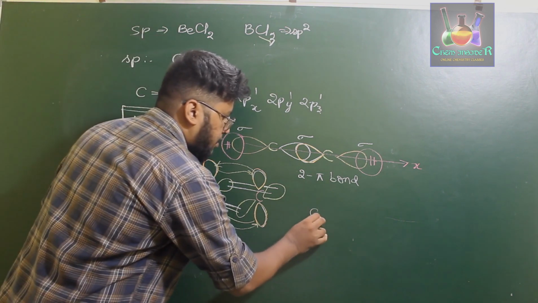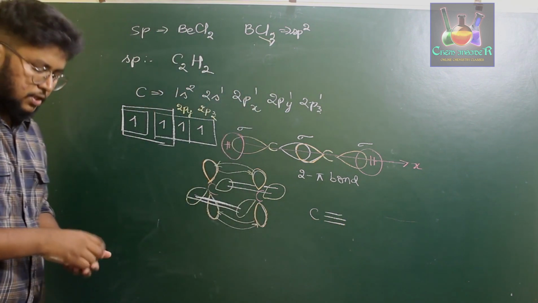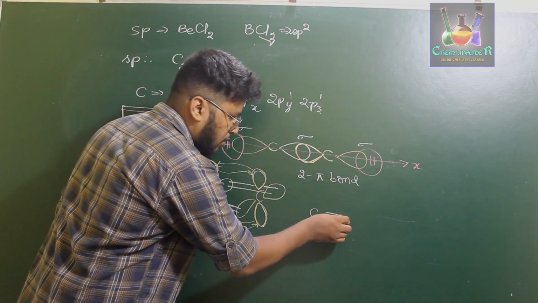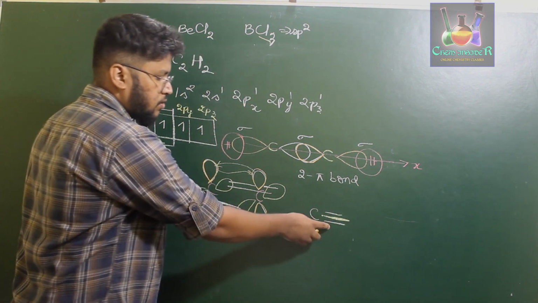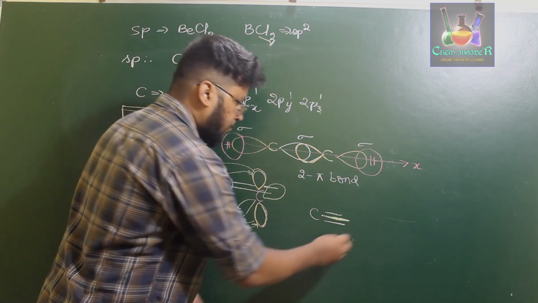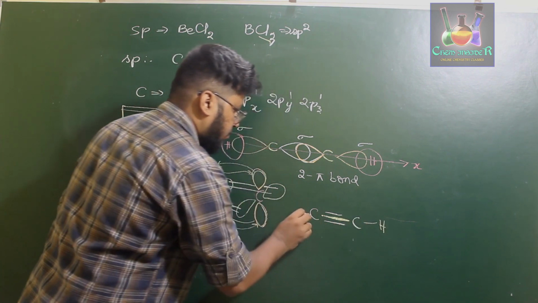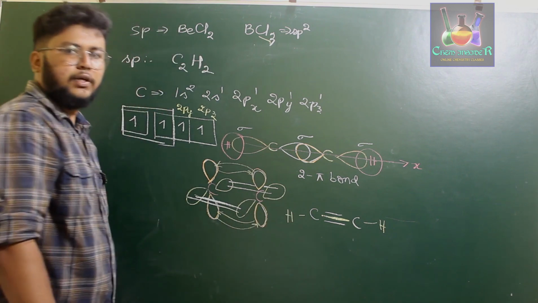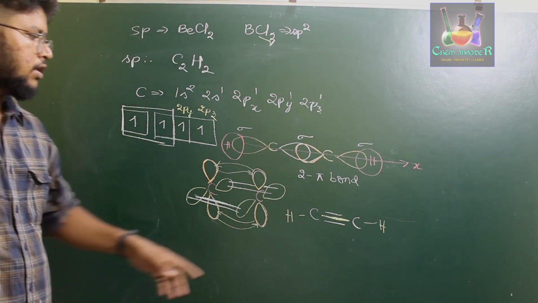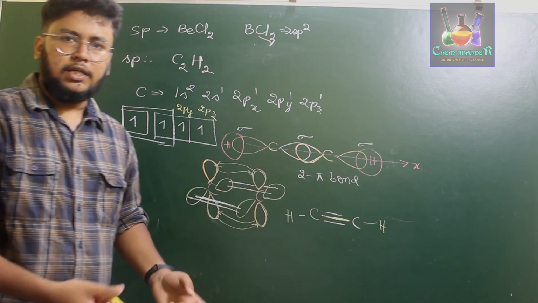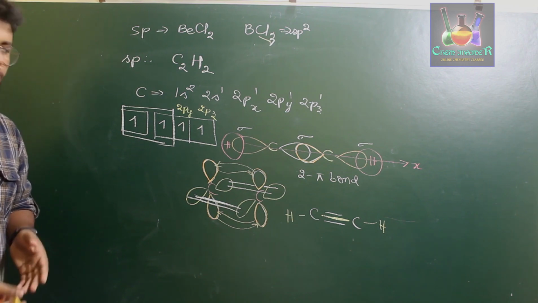Therefore, carbon which undergoes sp hybridization will have sigma bonds, which are written in yellow color, and 2 pi bonds, which are in white, like this. So this will be the geometry of the sp hybridized carbon atom, and if you observe carefully, this geometry is linear, as in the case of beryllium chloride also.